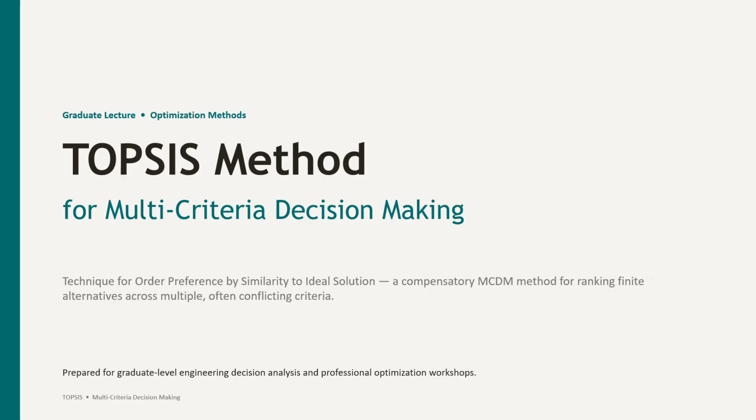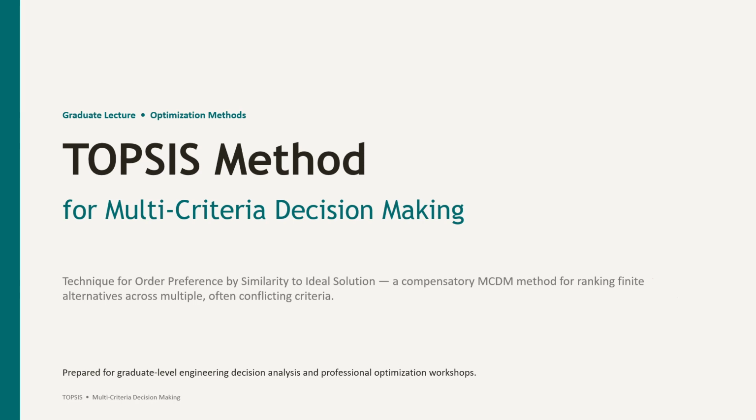Today we will discuss the TOPSIS method. The full form of TOPSIS is Technique for Order Preference by Similarity to Ideal Solution. So this is an example of compensatory MCDM methods.